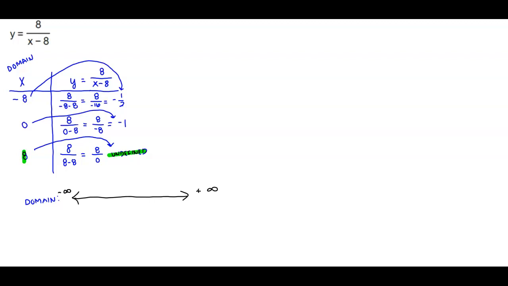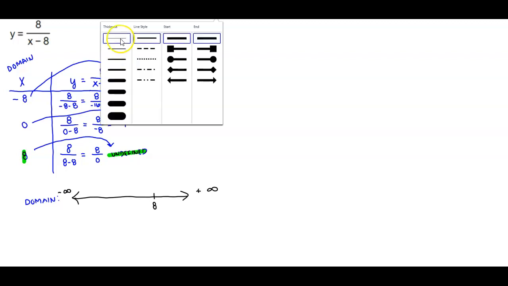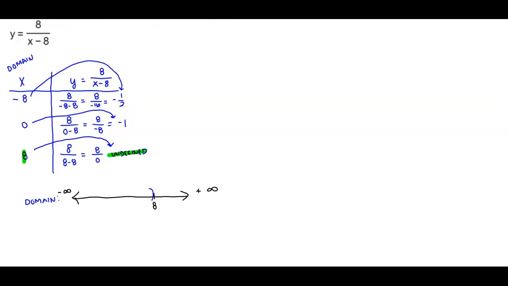And we know that at the value of 8, it is undefined, which means that we cannot include 8. So we're going to have a parenthesis at 8 going towards negative infinity, and then a parenthesis at 8 again, going towards positive infinity.